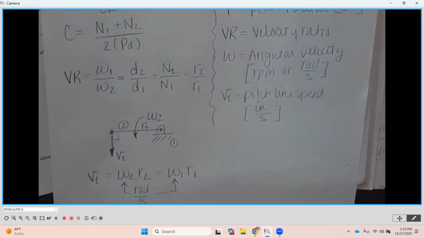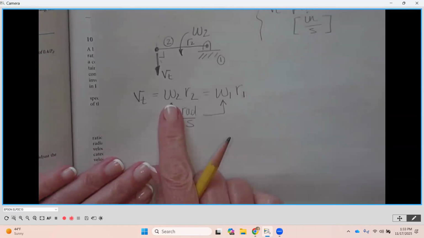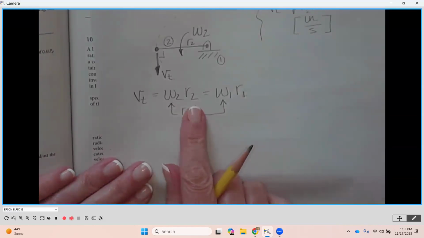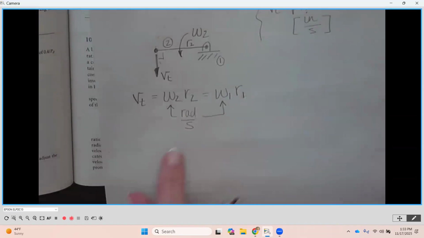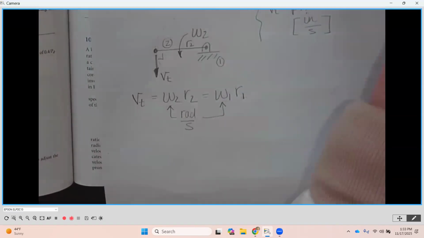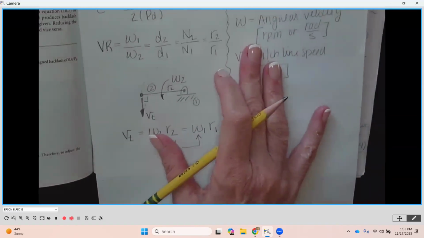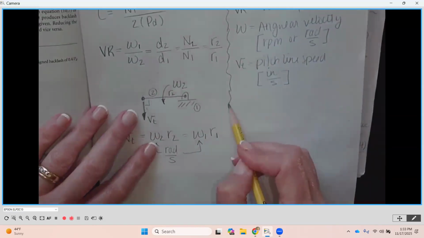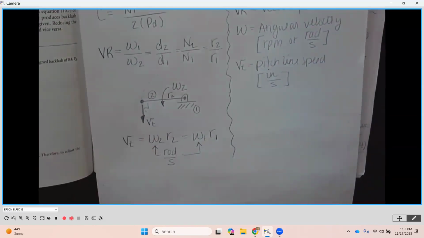So distance divided by time, because we're going to have radians per second times inches, so inches per second. Questions on this? This is a reapplication of what we actually learned back in Module 4, because we're in Module 5 now.